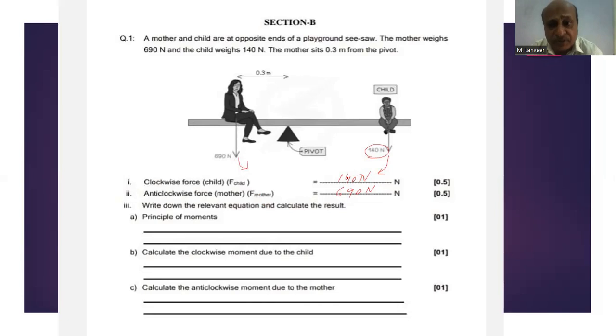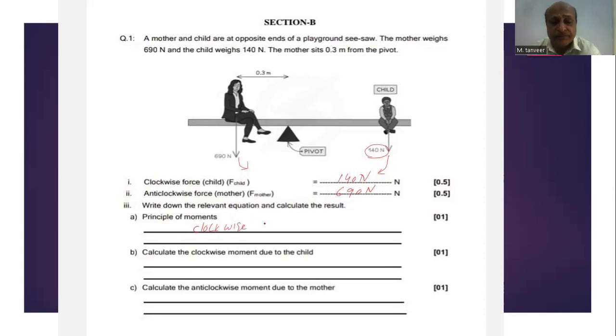Sometimes the question asks what is the principle of torque, or the principle of moment of force, or the principle of moment. It is the same thing. So the principle of moment is clockwise moment equals anti-clockwise moment.